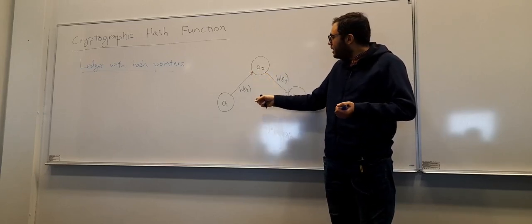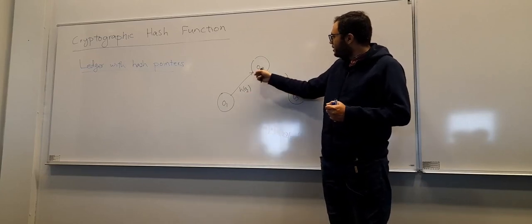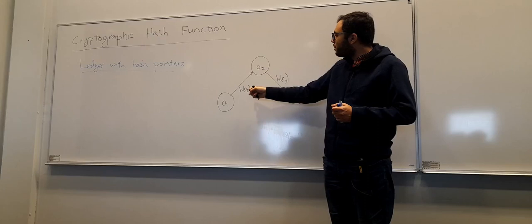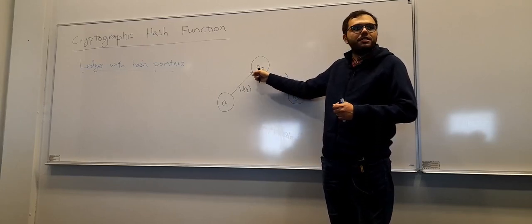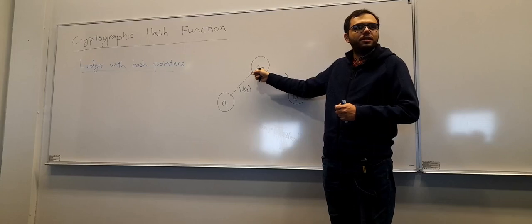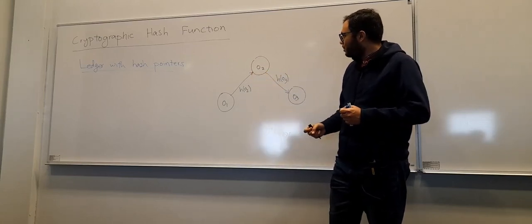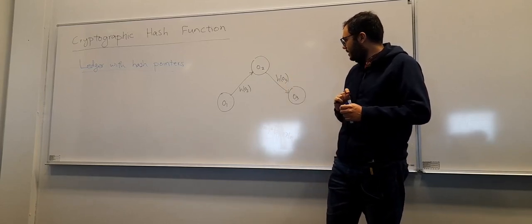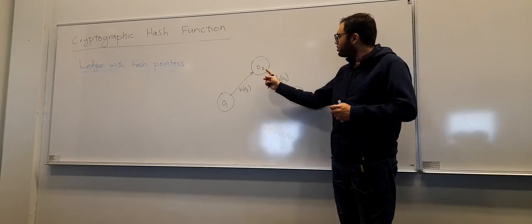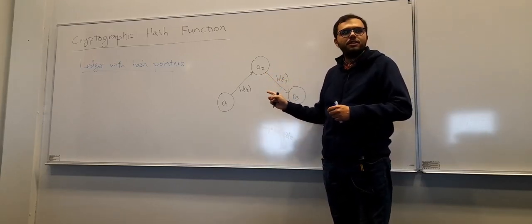And so this is a very special type of pointer. I'm pointing to this object, but I'm also pointing to its current state. And if this object ever changes in the future, I'm no longer pointing to it. Okay, so that's what we like in hash pointers. They're basically pointers that ensure we have immutability in a sense. It's not that O2 cannot change, it's just that if O2 changes, I'm no longer pointing to it.